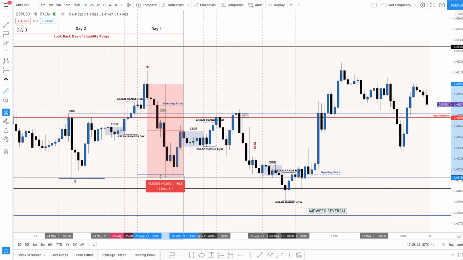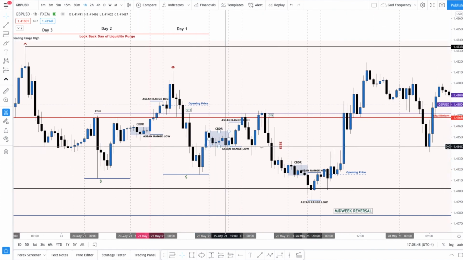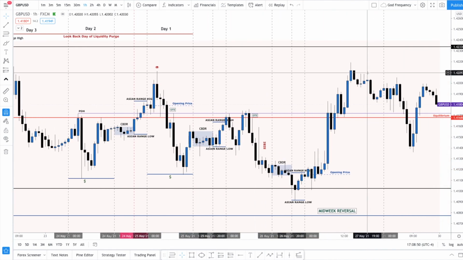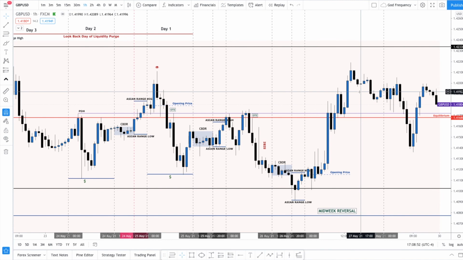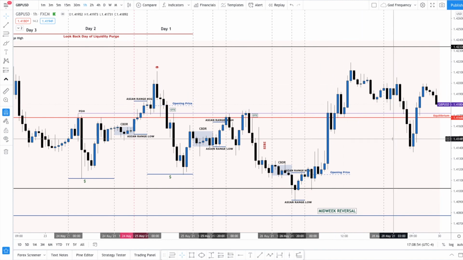Once I capture my 50 pip target, I pay myself first off the first position, and then I've got two positions running. And if it hits 100 plus pips, man, that's just extra gravy on the biscuit. So other than that, that's just a recap of my trades, or one trade this past week.